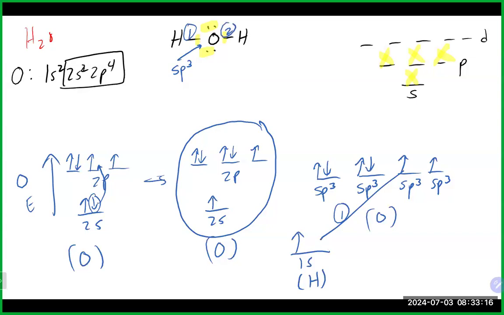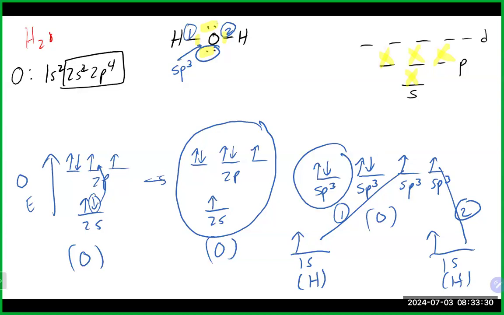We also have a spot there that will account for the second bond that we see there, also between the hybrid orbital and the 1s orbital in hydrogen. And again, at this point, we have a pair of electrons, there's 1, and a pair of electrons, and there's 2. So all the electrons here in oxygen are going to be accounted for through hybridization.